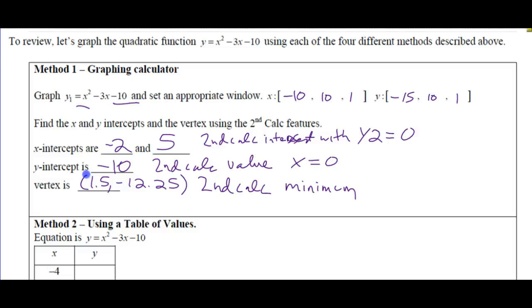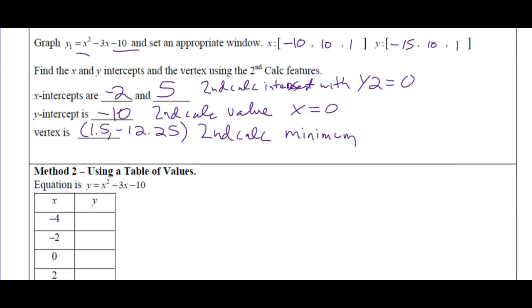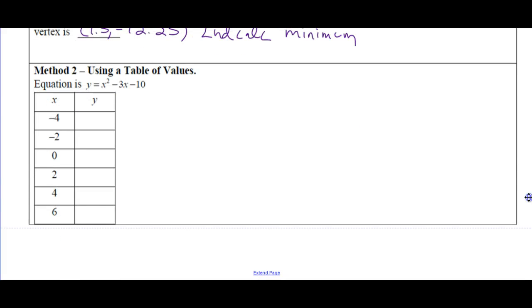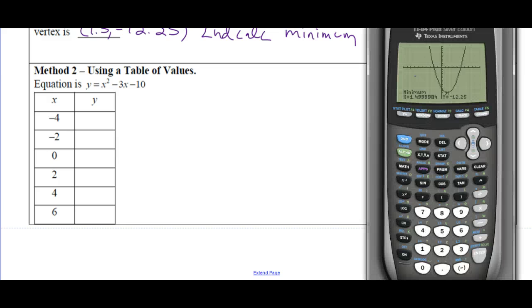I mean, graphing calculator, just make sure you know how to use it, use the second calc stuff, right? Using a table of values. Okay, I'm going to cheat. The way I'm going to cheat is I'm going to go into the table of values in the calculator. Right? So negative 4 for x is 18.